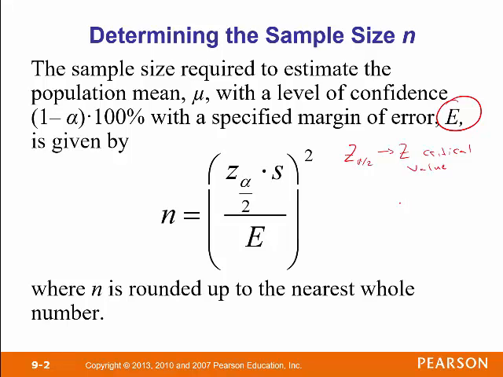I'm going to give you a nice easy chart for this. Times S, so you'll either be given the sample standard deviation, but really you'll be given sigma, the population standard deviation, divided by E, the given margin of error.